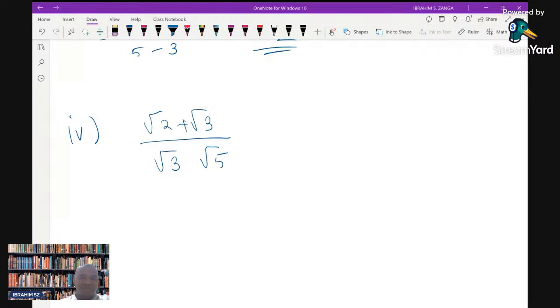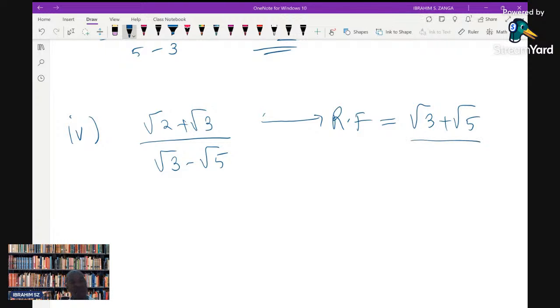Or let it be square root of 3 minus square root of 5. Again here, our rationalizing factor is going to be square root of 3 plus square root of 5. So we are going to multiply both numerator and denominator by square root of 3 plus square root of 5.